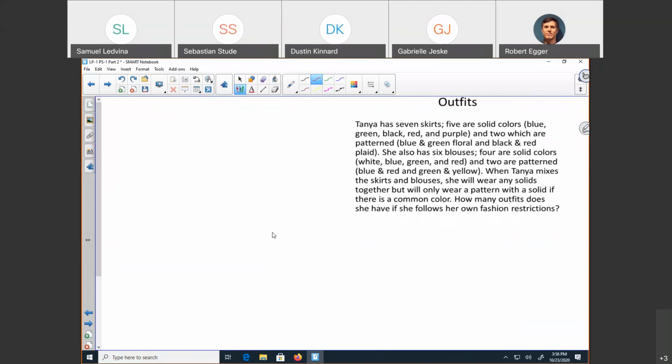So let's see what we have. So we know a solid with solid, a pattern with solid with matching color. If a color.